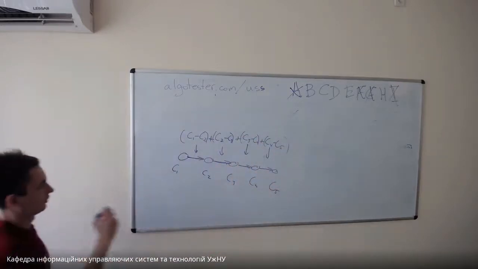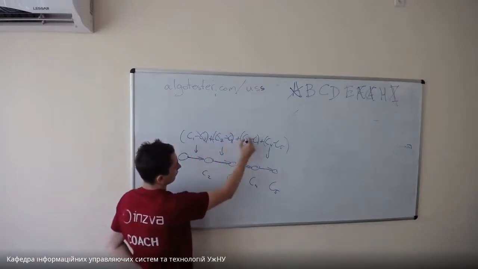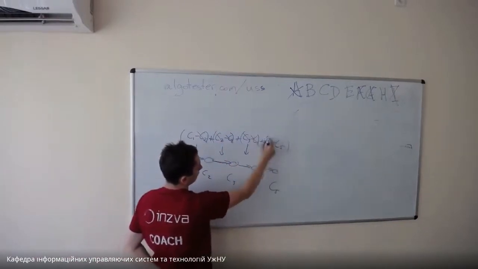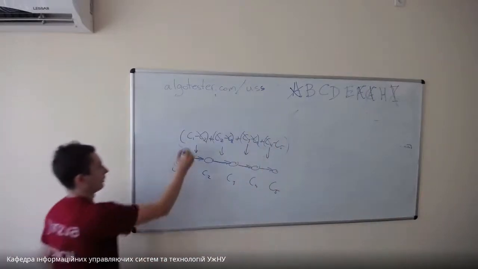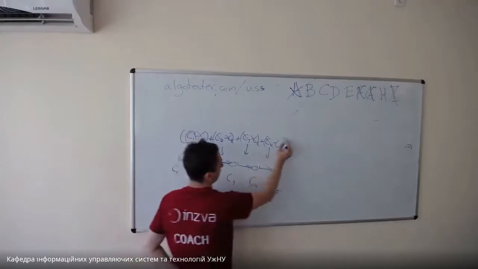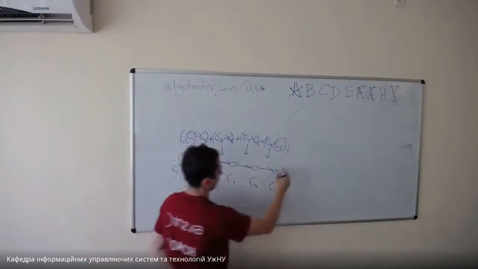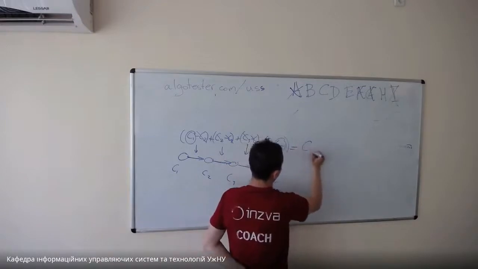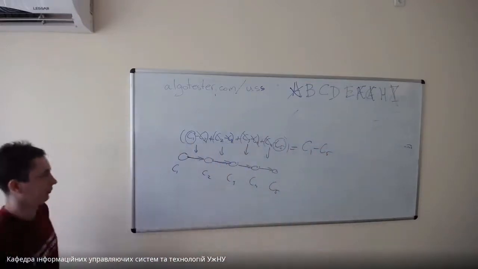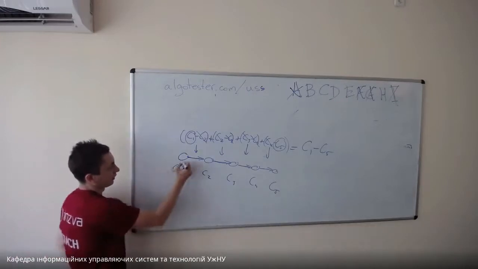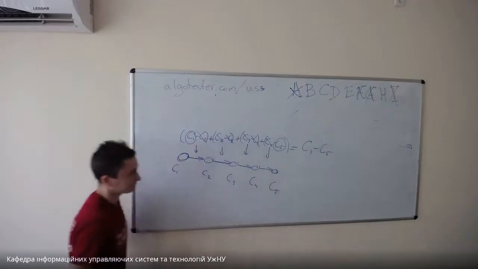And we can see that C2 is going to cancel out, C3 is going to cancel out, C4 is going to cancel out, and the only thing we are left with is C1 and C5. So the total sum of weights of the edges on this path is C1 minus C5. It is a difference between the color of the first vertex and the last vertex. Okay?